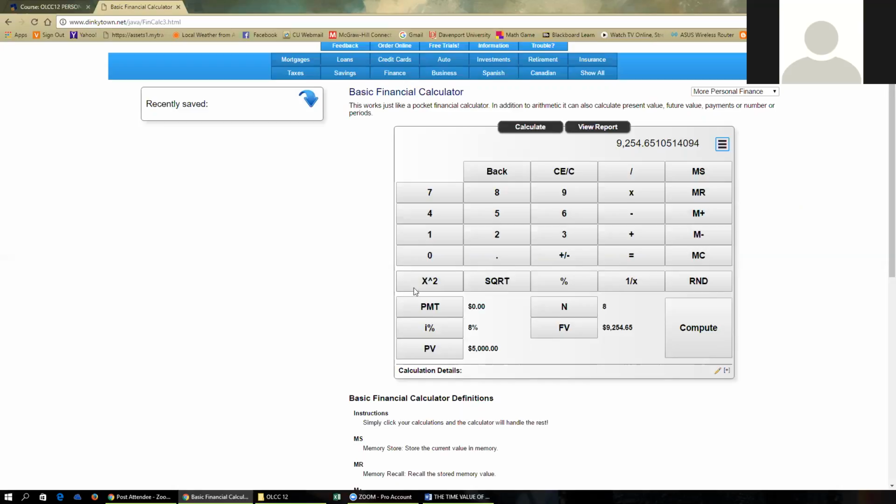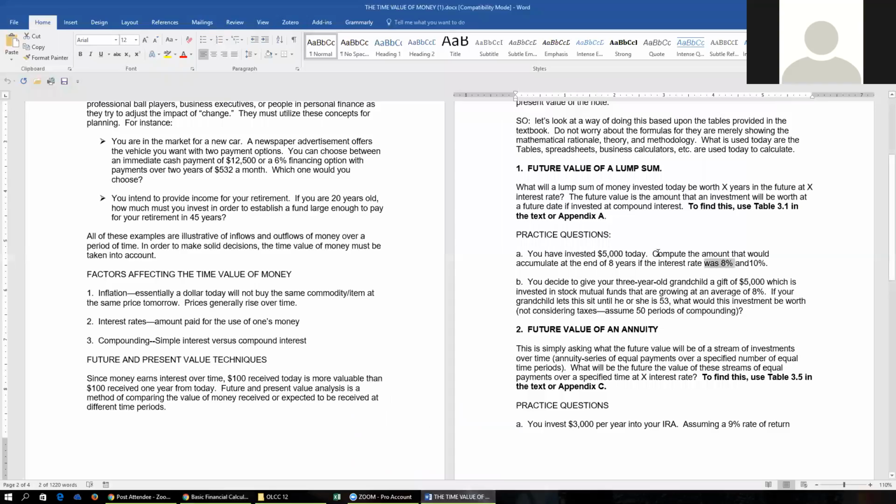So when you go back to the time value of money problems, practice question 1A has 2 parts. You're going to need to change and do that same problem again, but this time with 10% interest. Then, looking at B, it says you have a 3-year-old grandchild, and you're going to give that grandchild $5,000. Going to put it in a bank account for 8%.